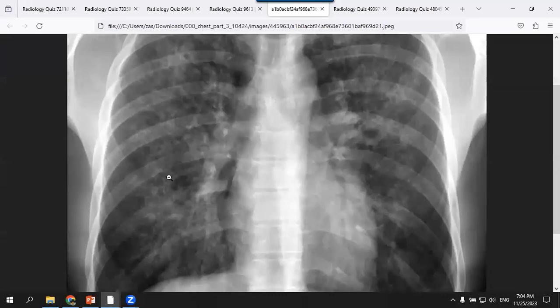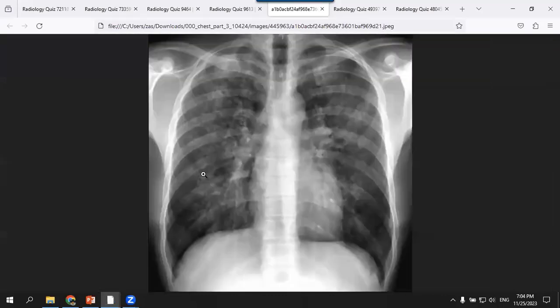I can also see small cystic lucencies intervening between them. I cannot see any hilar enlargement, or maybe the left hilum is mildly enlarged. There is no pneumothorax, no visible masses, and the costophrenic angles are clear. The lung volume is preserved, and no obvious bony pathology.